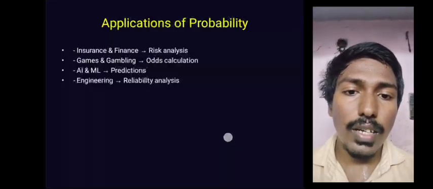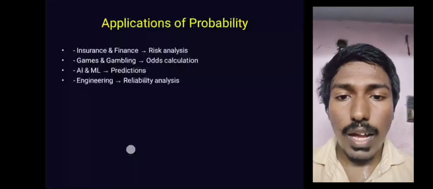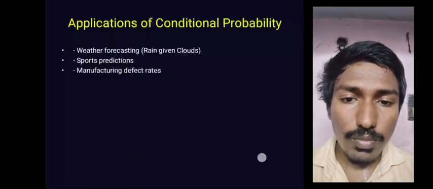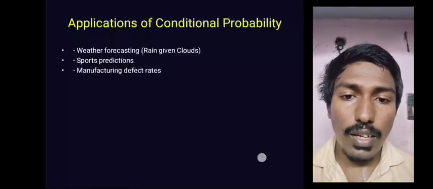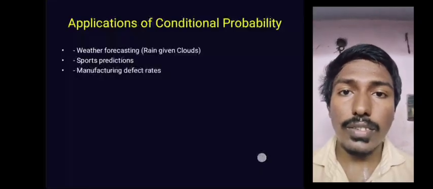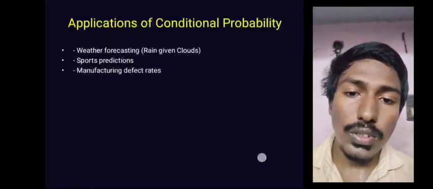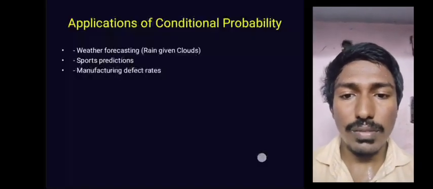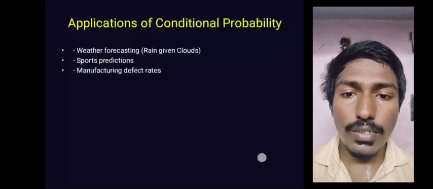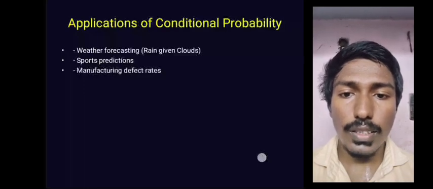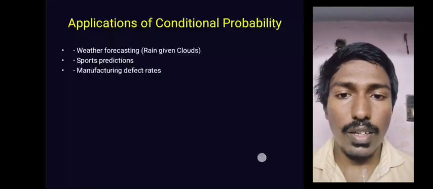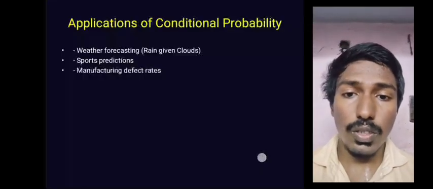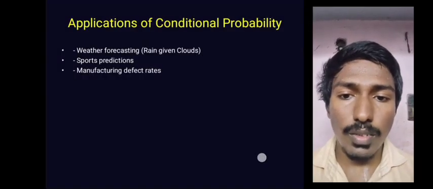Applications of conditional probability include weather forecasting: rain given clouds. When we go outside and see clouds, we can predict rain with some probability. Also sports prediction, which team wins, and manufacturing defect rate. These are applications of Bayes' theorem.